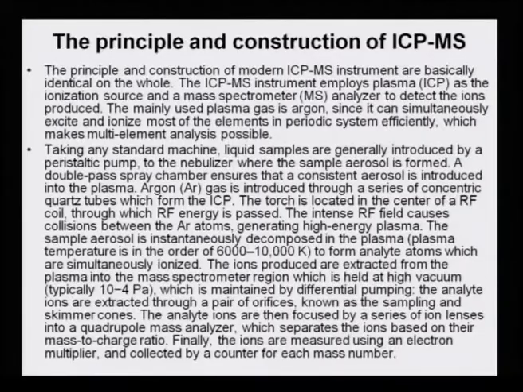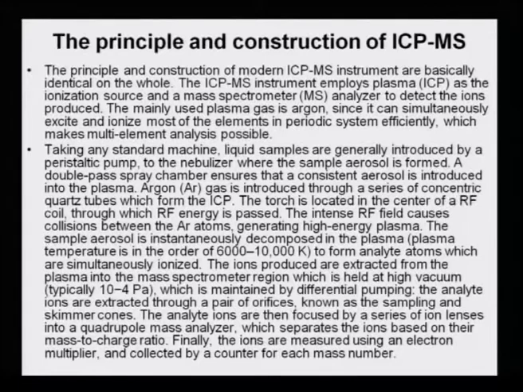Argon gas is introduced through a series of concentric quartz tubes which form the inductively coupled plasma. There are quartz tubes, one inside the other. Actually, the diameters are slightly different, and 3 such concentric quartz tubes are put together, through which the argon gas is passed, and just above these concentric quartz tubes the flame or the plasma shapes up.